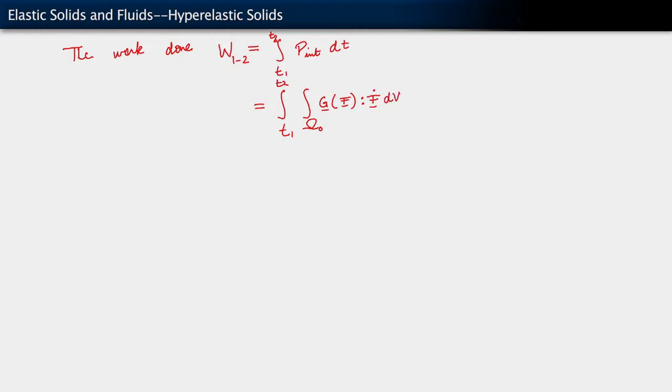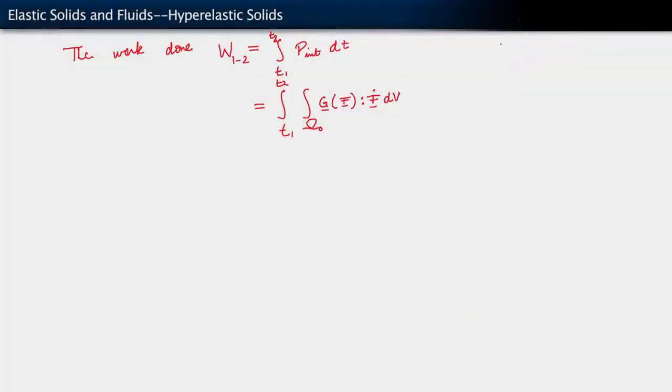What this says is that we're integrating from T1 to T2, and we're computing the total work done. Let's look at this schematically, and what I'm going to do here is schematically represent the deformation path.